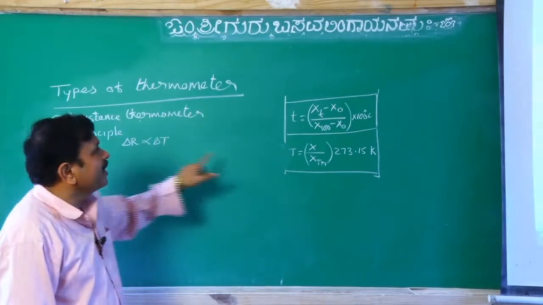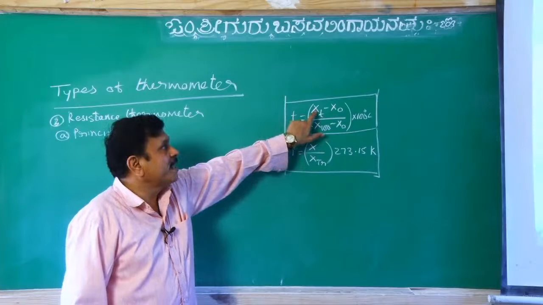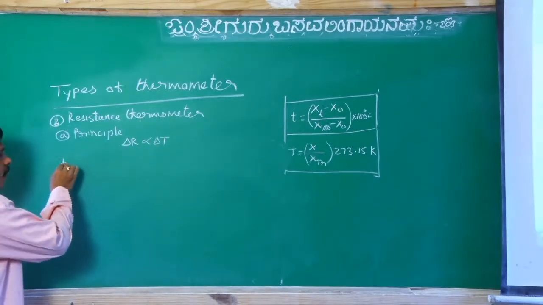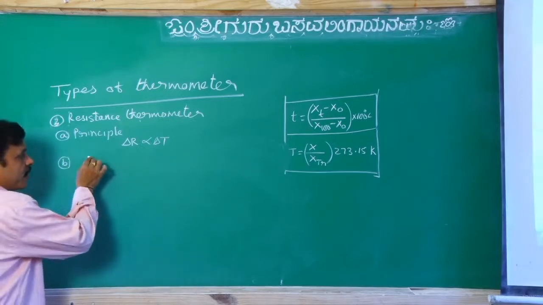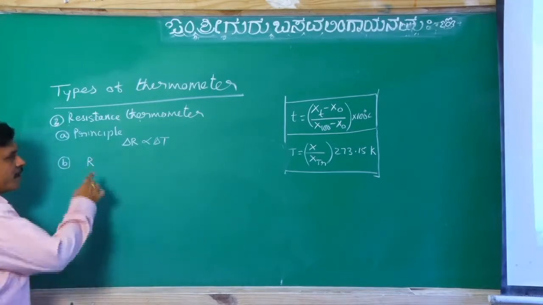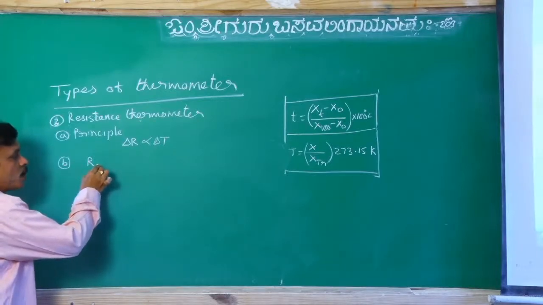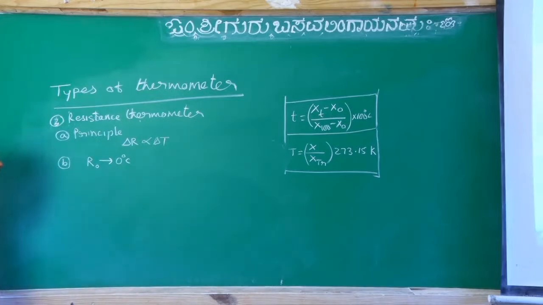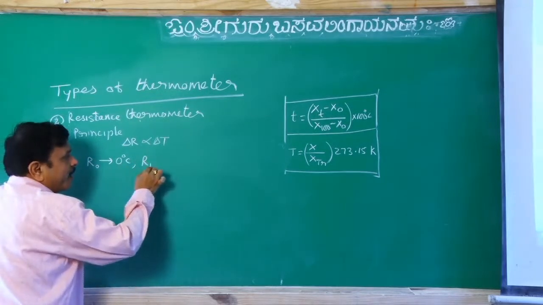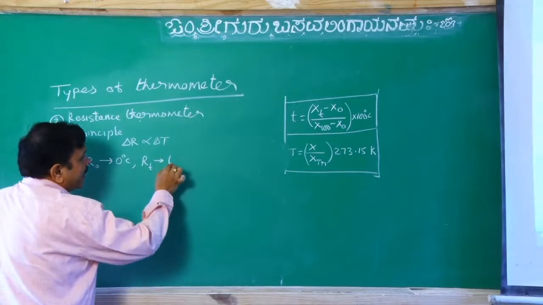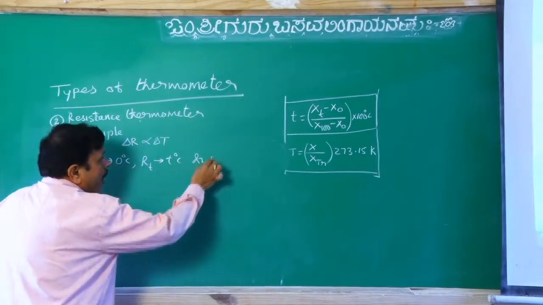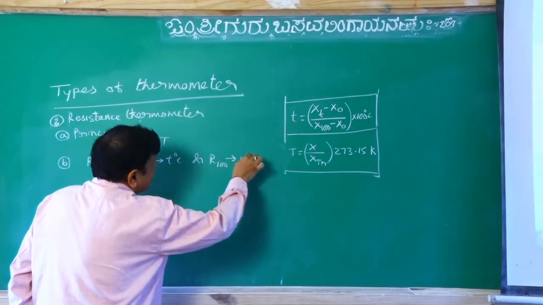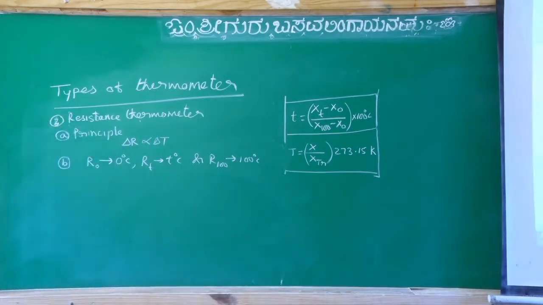Well, now the parameter here is what? In the place of x, we have to write R. So suppose R0 is the parameter at 0 degrees Celsius, RT is the parameter at T degrees Celsius, and R100 is the parameter at 100 degrees Celsius.